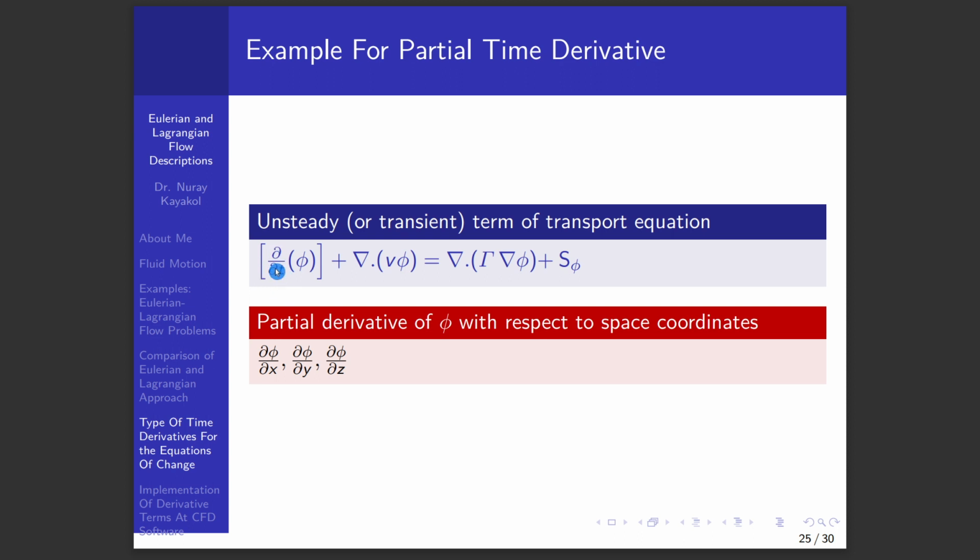You see the partial derivative of phi with respect to time given in brackets, and then there are some other terms: convective term, diffusion term, and generation term. So this slide tells you where we use the partial time derivative in a transport equation.